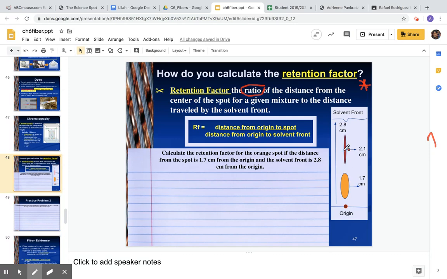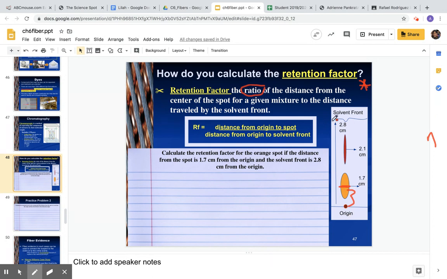Each spot will have a separate retention factor. To calculate that retention factor, we need to know the distance from origin to spot. Again, it's a ratio, so we're going to be dividing. We're simply going to take our ruler and measure from the midpoint of that spot. For this particular spot, that's right here. This distance from here to there is 1.7 centimeters.